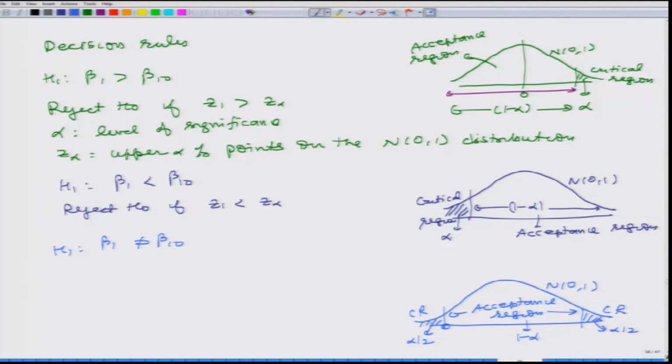These points are minus Z alpha by 2 and Z alpha by 2, because the mean lies in the middle. In this case I would say reject H naught if the mod of Z1 is greater than Z alpha by 2. So this is how we are going to take a decision.